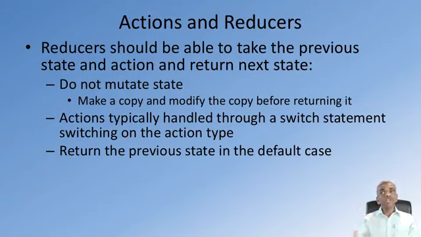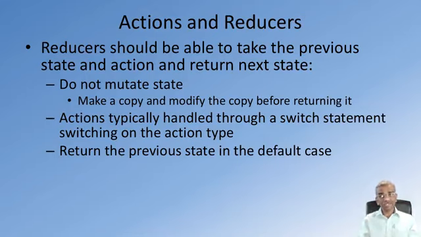So when you need to return the next state, you will make a copy of the state and then make modifications to this copy and then return that copy from the reducer function. And the actions are typically handled inside the reducer function. So you see that your reducer function receives the previous state and the action.